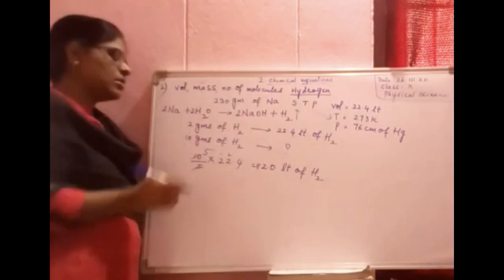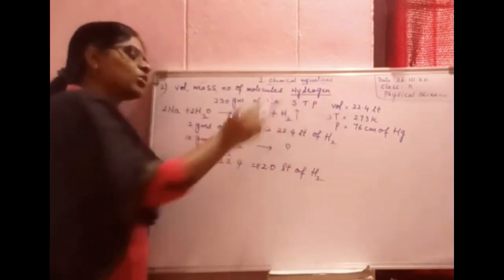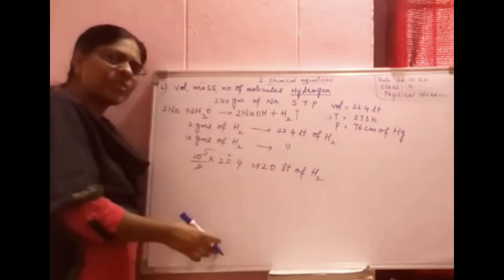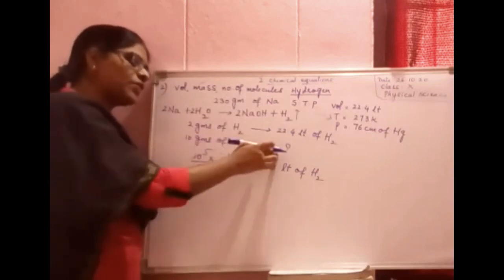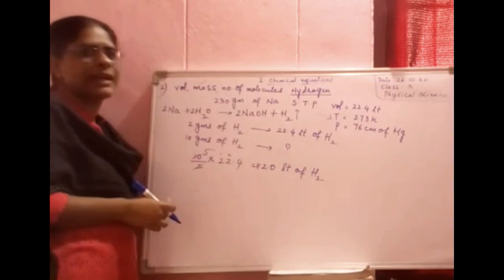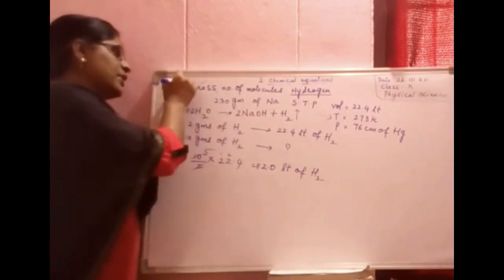Following, children: 2 grams of hydrogen under STP occupies 22.4 liters. Now from the problem, 10 grams of hydrogen gives 112 liters of hydrogen.